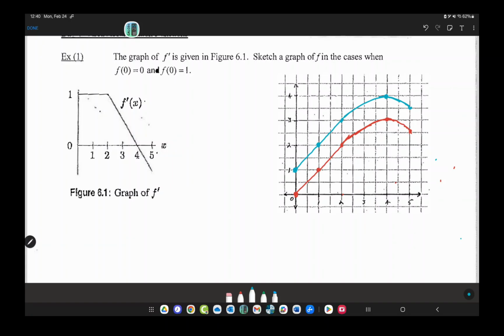So whatever constant we have, that's our initial starting value. So my area is going to change depending on whatever my constant value is. Okay. So we need to remember.